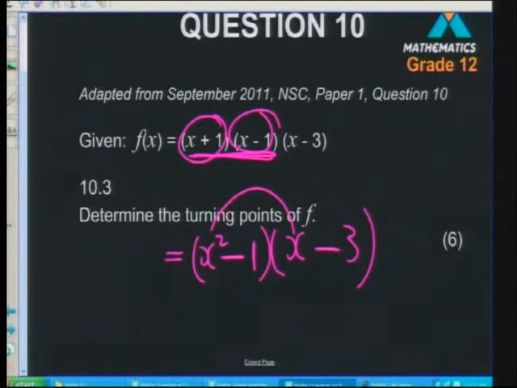So it's going to be x cubed, and minus x, minus 3x squared, plus 3. Yeah, plus 3. No, you don't have to apologize to me.